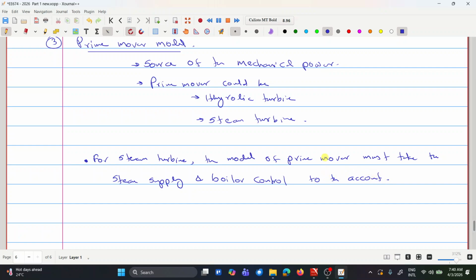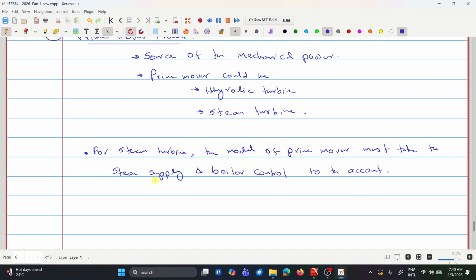So it should consider both the steam supply and the boiler control.